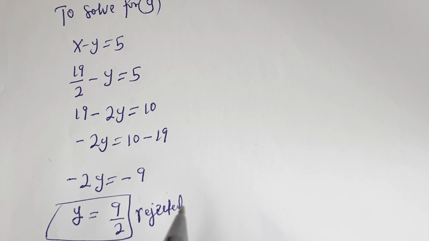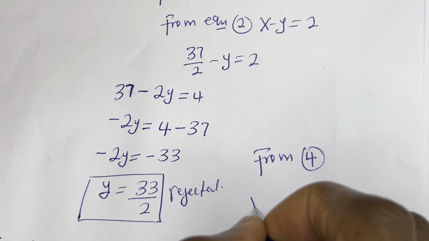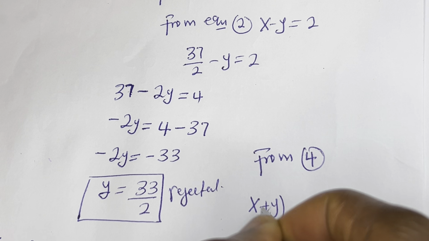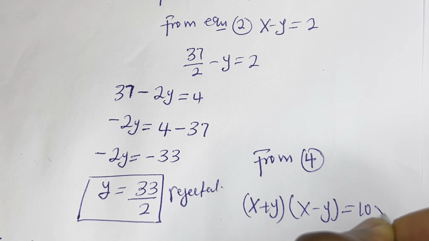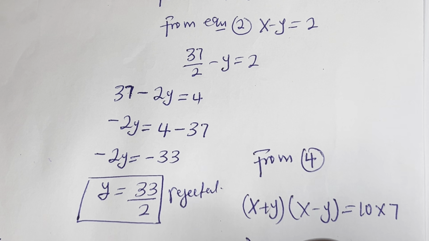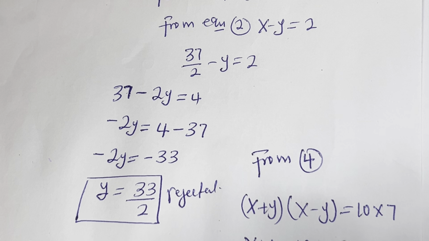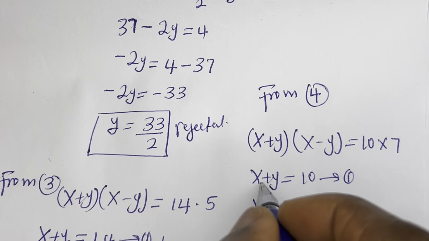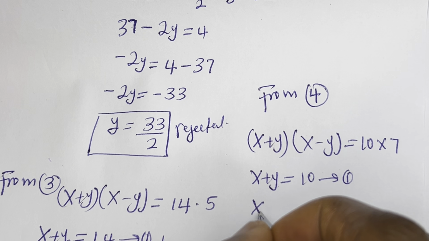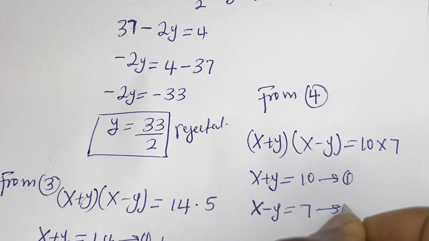Now let's consider the fourth case. From the fourth case, we have (x plus y)(x minus y) is equal to 10 multiplied by 7. x plus y is equal to 10, this is equation 1. x minus y is equal to 7, this is equation 2.